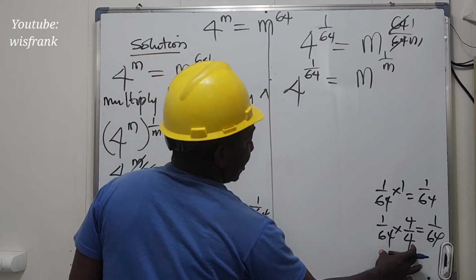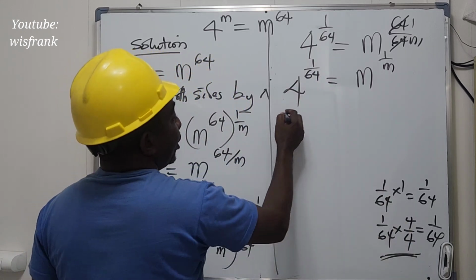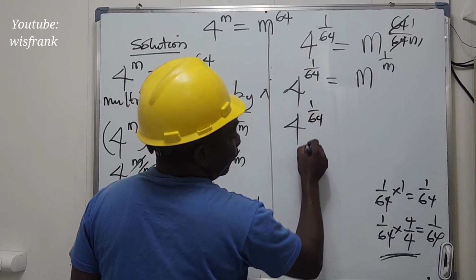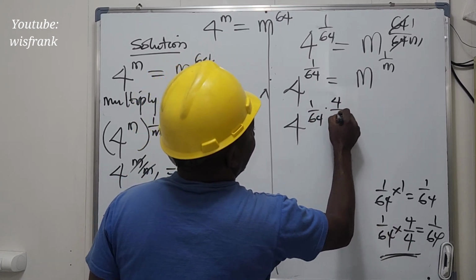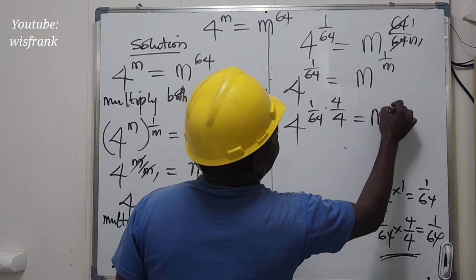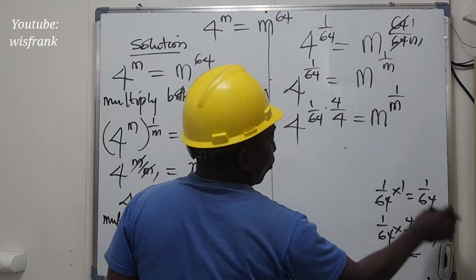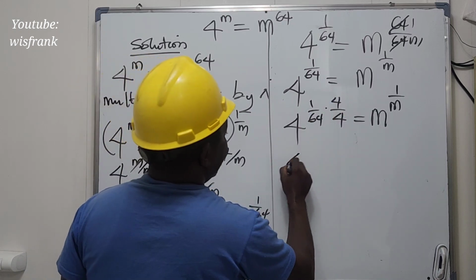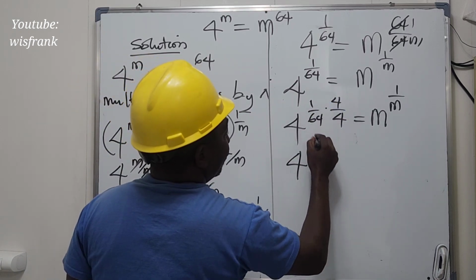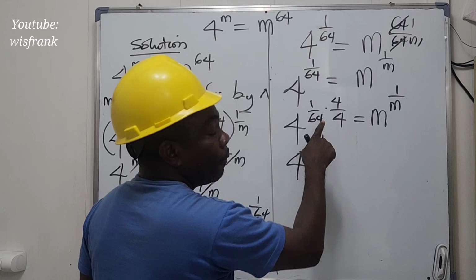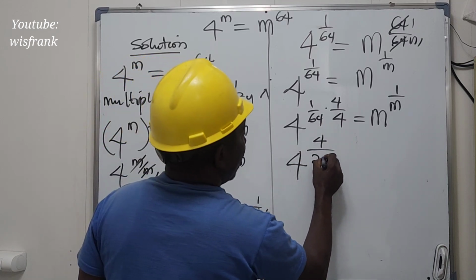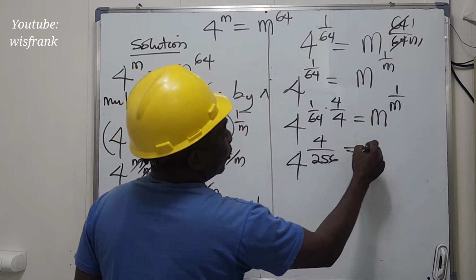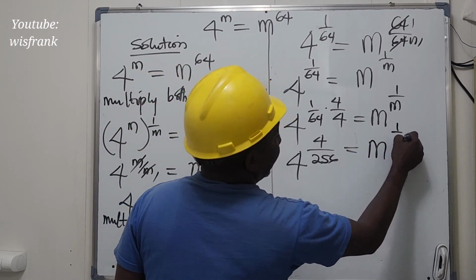When we substitute this in the place of 1 over 64, this will give us 1 over 64 times 4 over 4 equals m to the power of 1 over m. So in that case, this is the same thing as 4 to the power of 1 times 4, which becomes 4, all over 64 times 4, which will become 256. This is equal to m to the power of 1 over m.